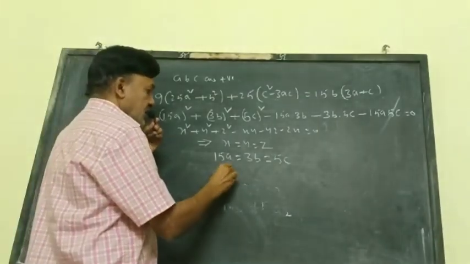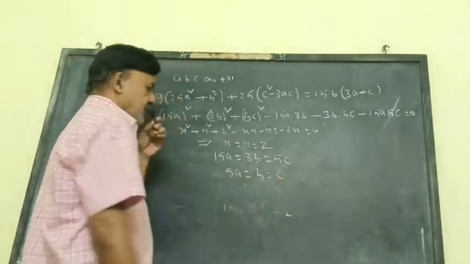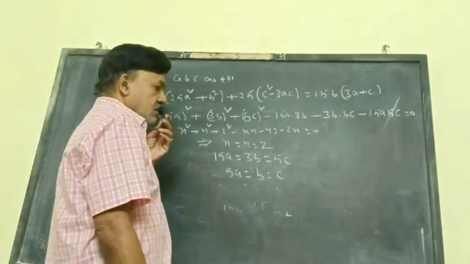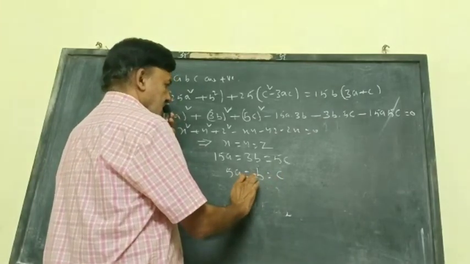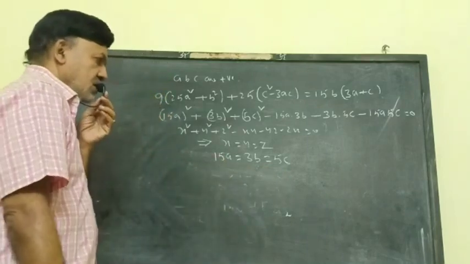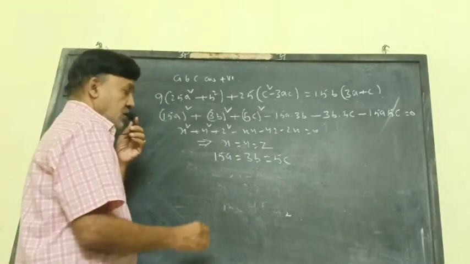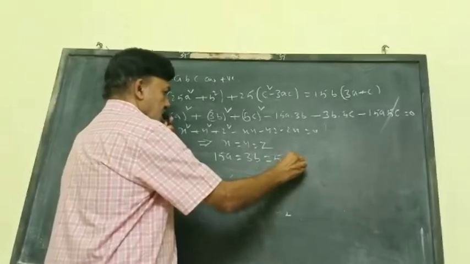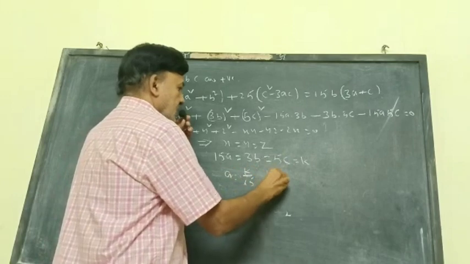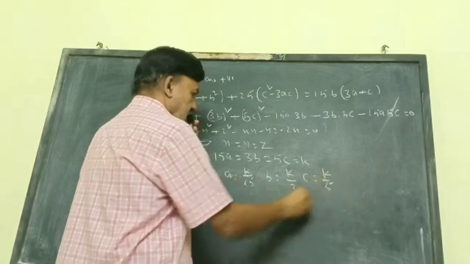You got it. Understood? Now you can call 15A equal to K. A is equal to K by 15, B is equal to K by 3, C is equal to K by 5.